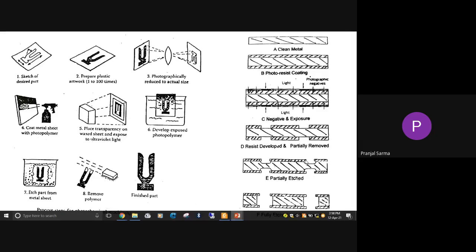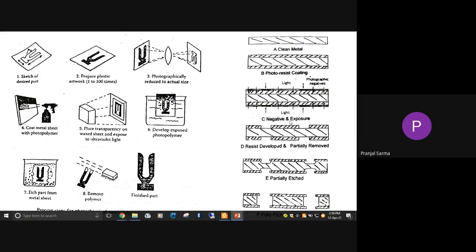It is somewhat similar, but there are differences with respect to the production of the mask and the way we treat the material. Whatever coating we apply, we cure it, and we use that photo negative, which is the mask and is itself the photo tool in our case. On the clean metal we apply the photoresistive coating, then cure it and expose it to UV light.